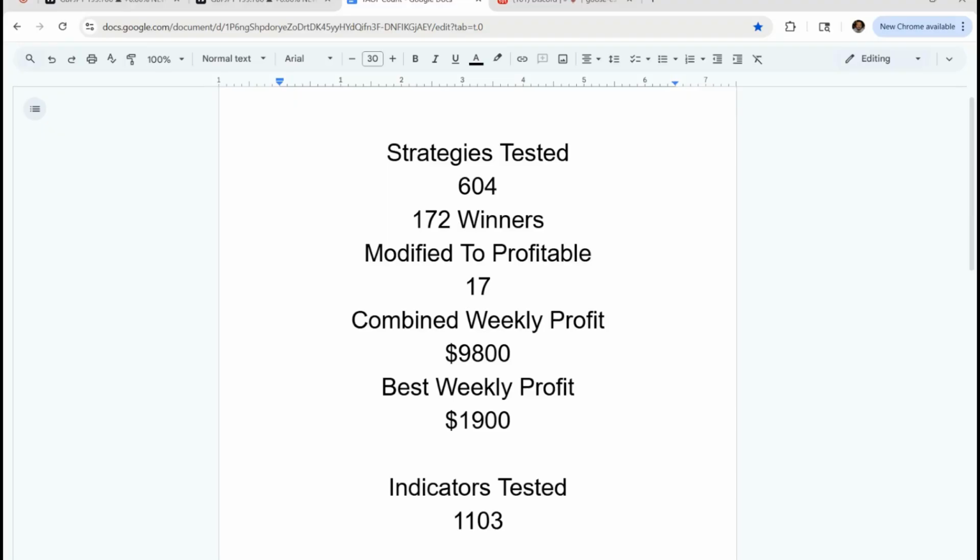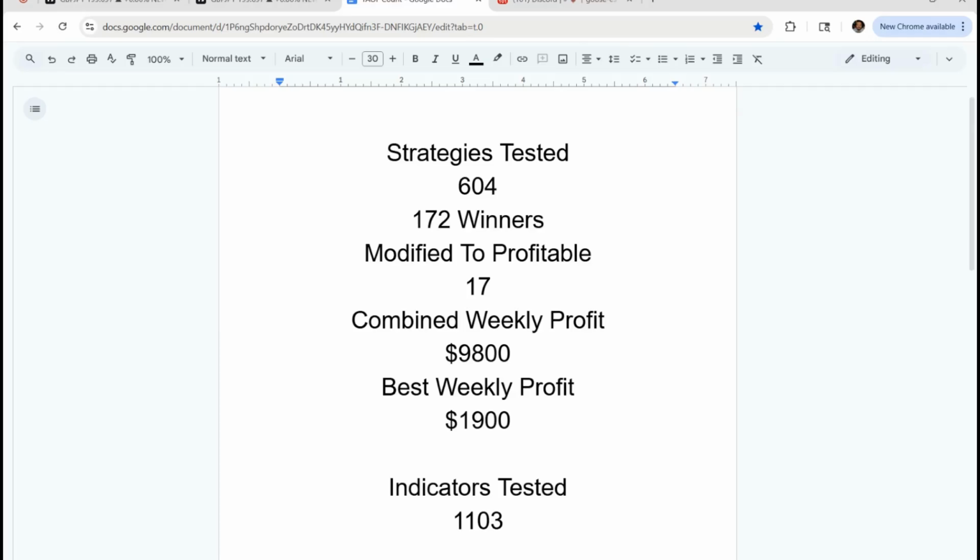All right, as I said, today we will be testing a volume oscillator strategy. Before we do though, I wanted to put the testing scoreboard up for everyone to see. So to date, we have tested a total of 604 different strategies, with 172 of them being winners. And so far, since we've been using the Nexus backtest indicator, we've tested 17 different strategies.